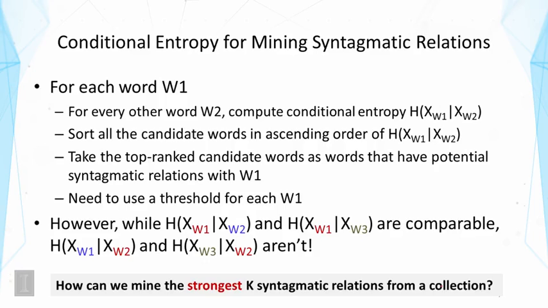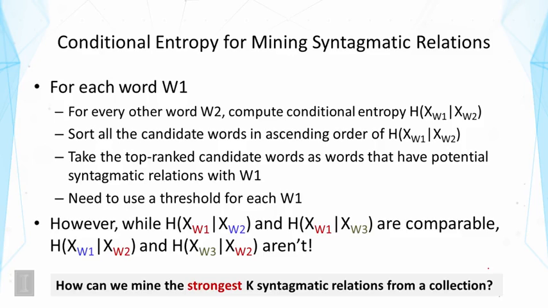The algorithm would look as follows. For each word W1, we're going to enumerate over all other words W2, and then we can compute the conditional entropy of W1 given W2. And we sort all the candidate words in ascending order of the conditional entropy because we want to favor a word that has a small entropy, meaning that it helps us predict the target word W1.